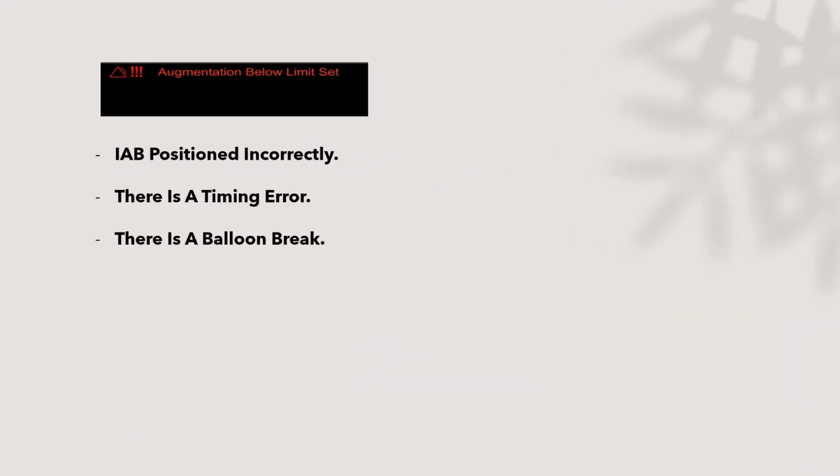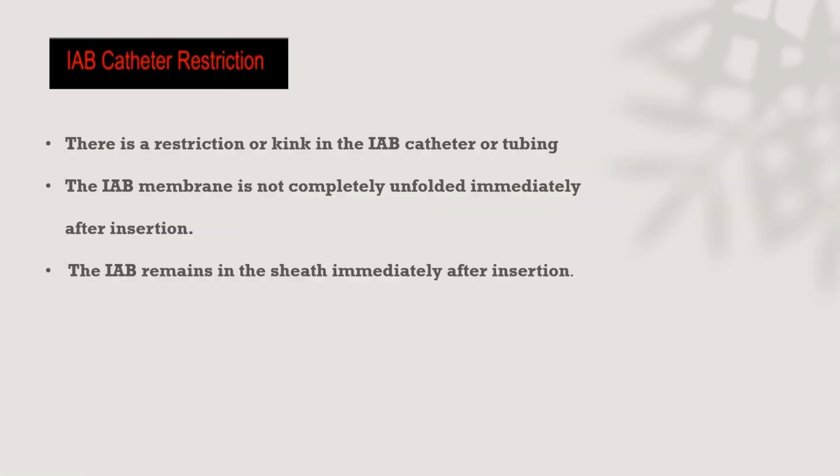If we get the alarm that augmentation is below the limit set, that means the intra-aortic balloon pump is positioned incorrectly, there is a timing error, or there is a balloon break. If we get an alarm of intra-aortic balloon catheter restriction, there is restriction or kinking in the catheter or tubing. This can occur if the intra-aortic balloon membrane is not completely unfolded immediately after insertion, or the balloon remains in the sheath immediately after insertion.